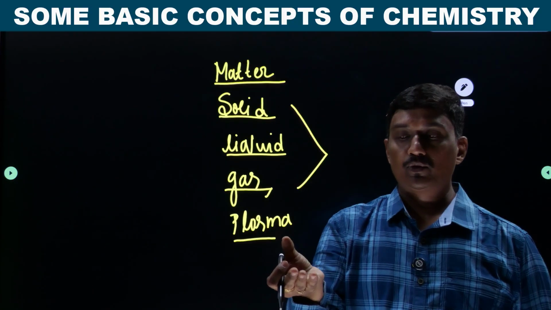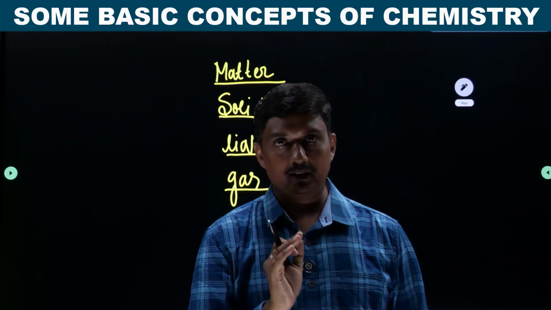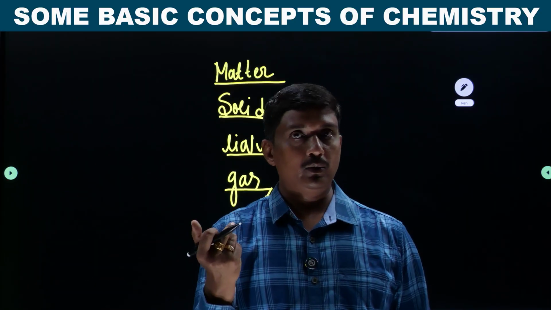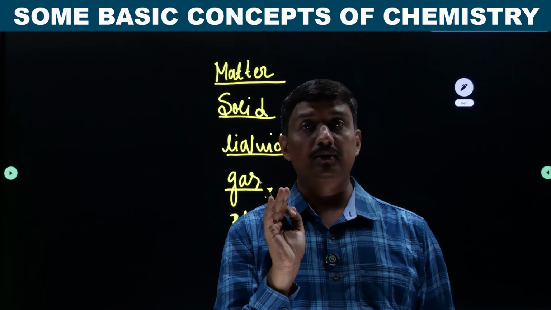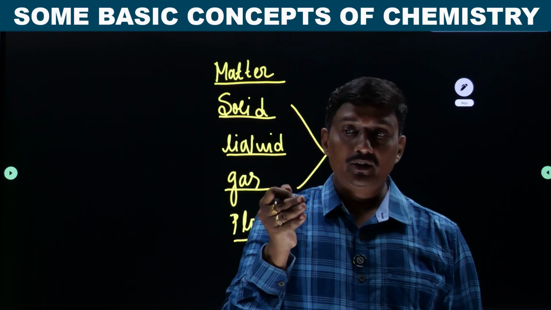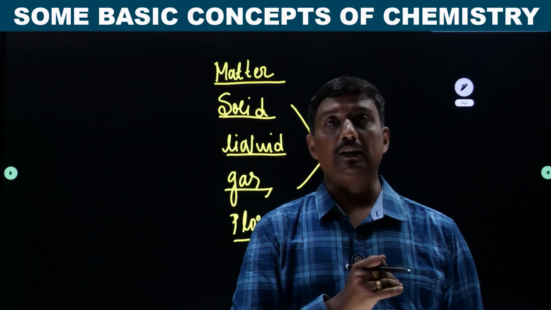If you take water and put it into a glass, you can say water is there. If I ask what is surrounding you, you can say gas, you are feeling it but you can't see it. But how does this gas differ from solid and liquid?